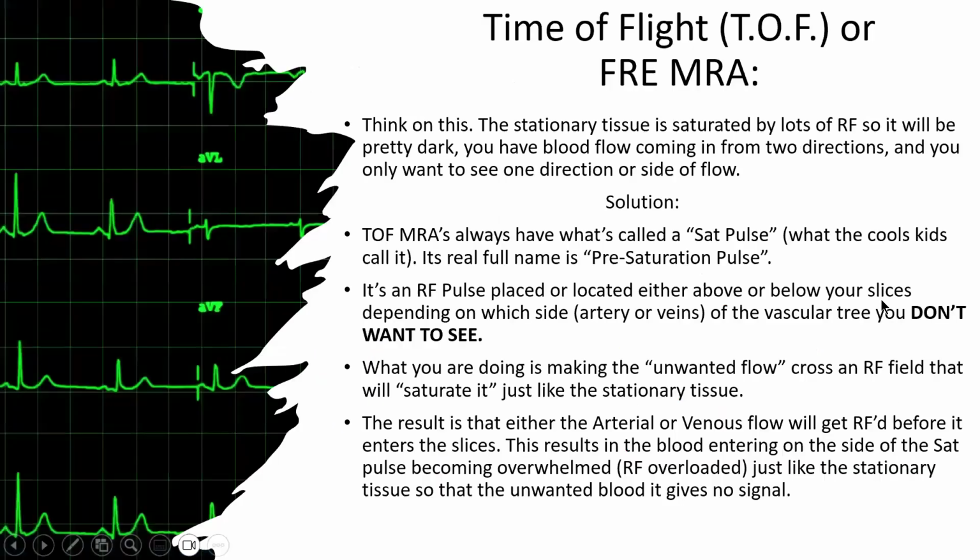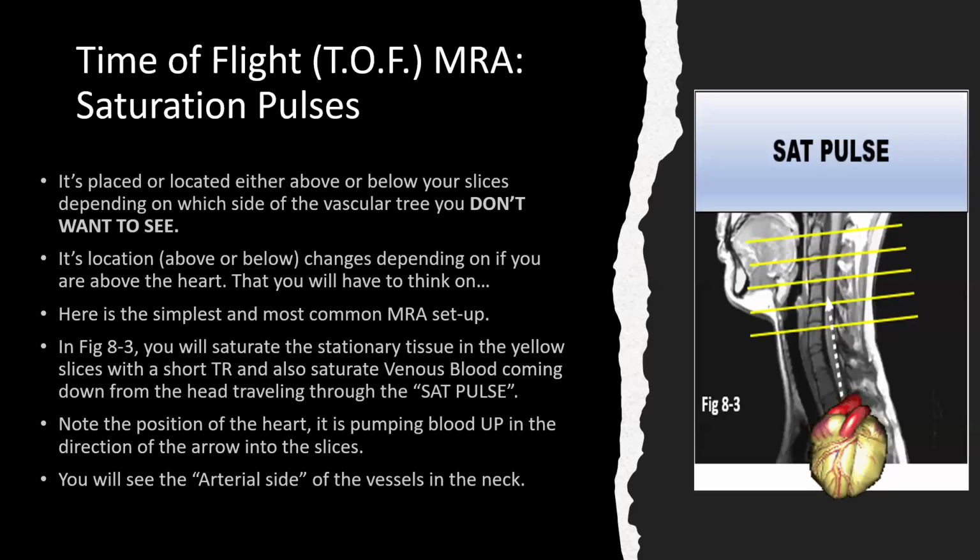So that's when you're going to put in a saturation pulse. We're going to put a sat pulse in on the side that you don't want to see. So here's an example. We've got blood here in the chest and the heart coming up the carotid arteries. The yellow is the slices.